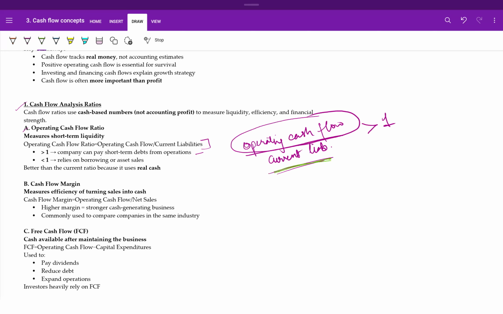And if the ratio is less than 1, this means the current liabilities portion is bigger than the operating cash flow portion. And that's why it means that the company is dependent on loans, asset sales, and external financing. And this is what current liabilities means: short-term loans basically, and financing.